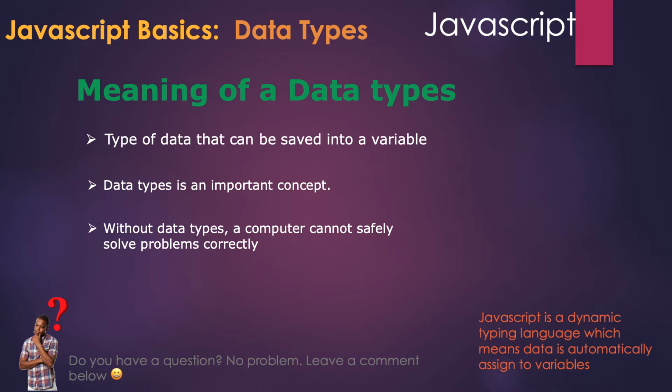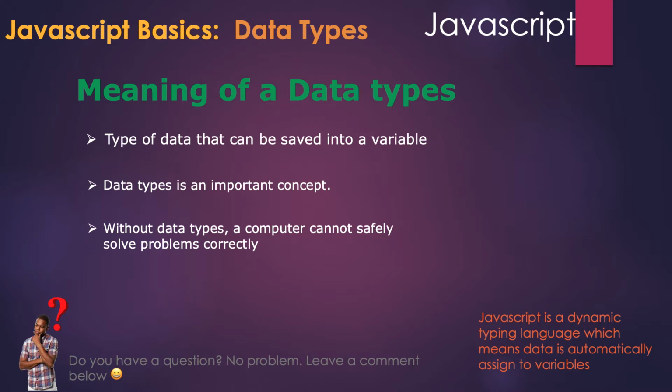So the next question is, what kind of data can we save into our variables? Data types is an important concept. For example, if you want to store all your users into a variable, or the number of people, or the amount of money you have, what kind of data are you going to store into that variable?